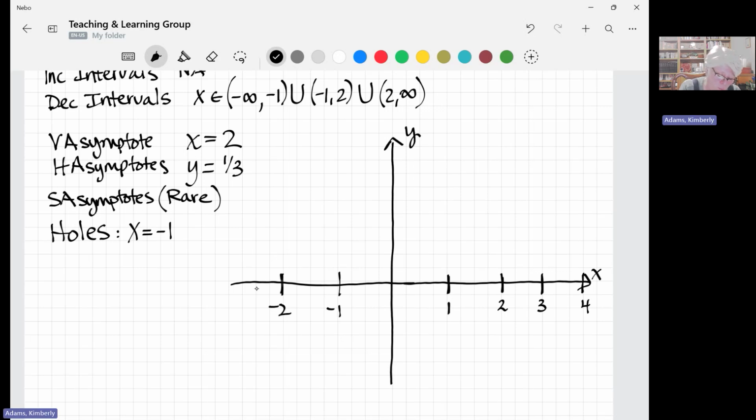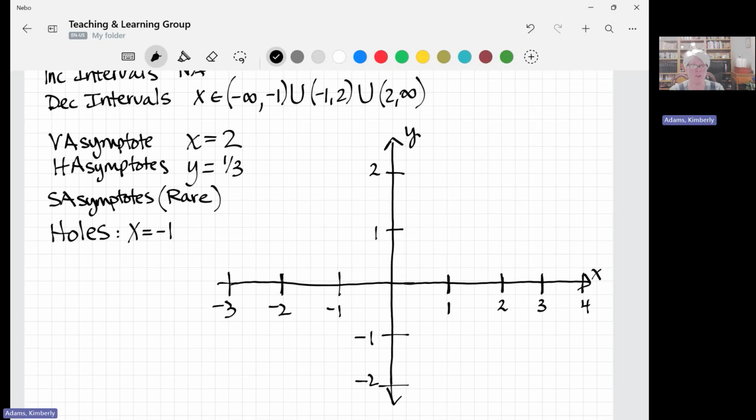Here's -2. Here's -3. There's 1. There's 2. -1. -2.